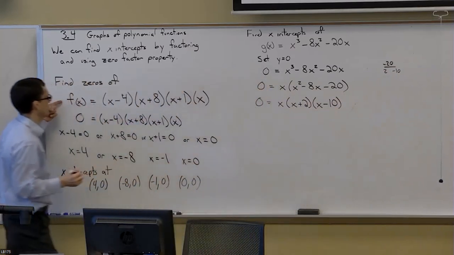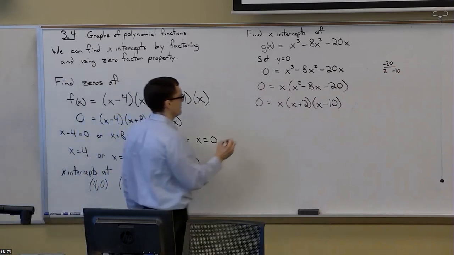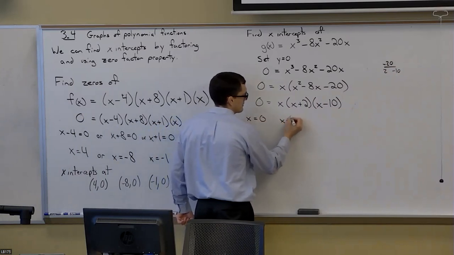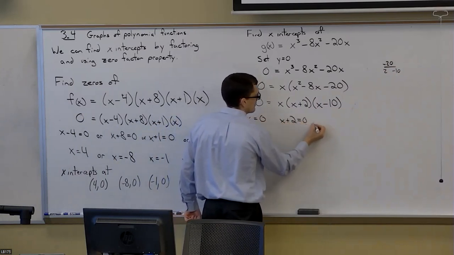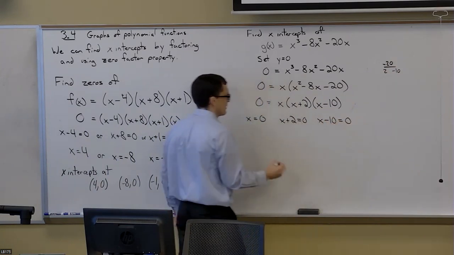And now I'm at the same place I was earlier. I can set each of those factors equal to 0. x equals 0, x plus 2 equals 0, x minus 10 equals 0. And then solve all three.